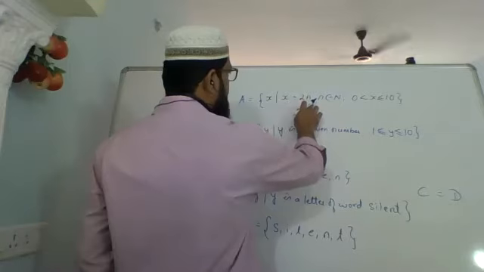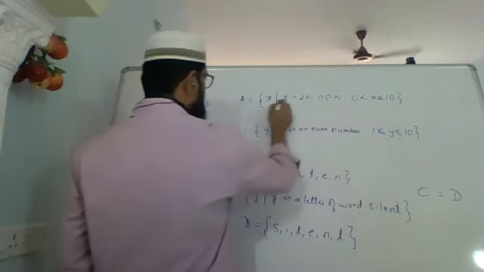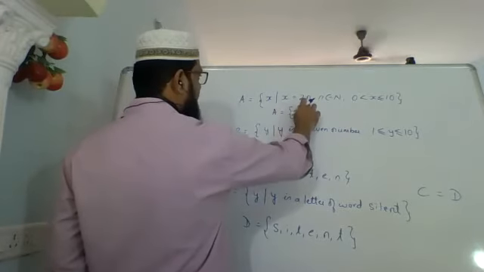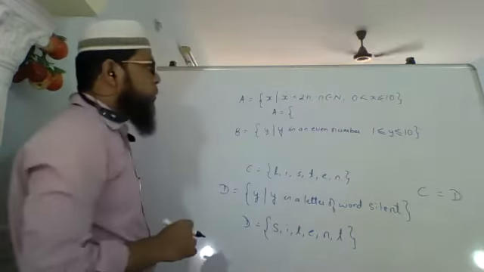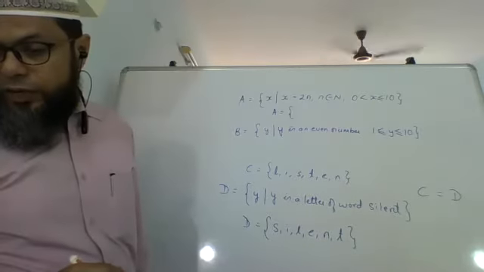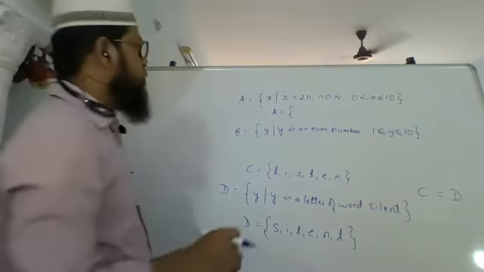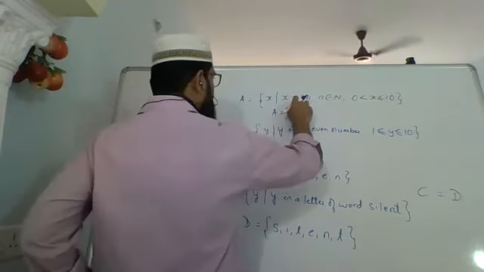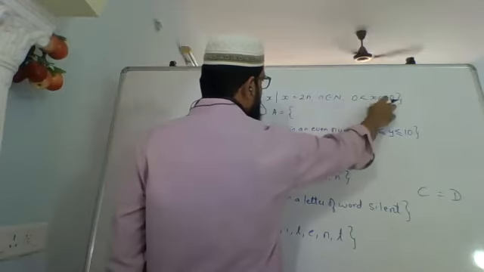x is 2n and x is greater than 0, that means n will start from 1. So in place of n, I'll have to write all the values of n. When n is 1, 2 into 1 will be 2. So x equals 2 and it is lying between 10.